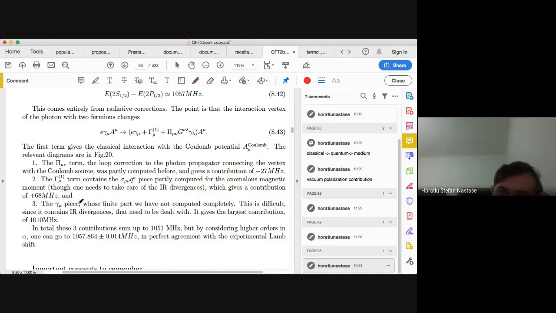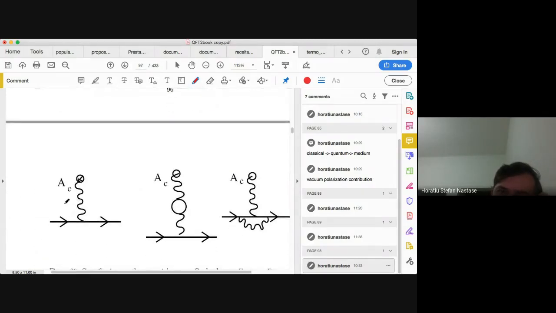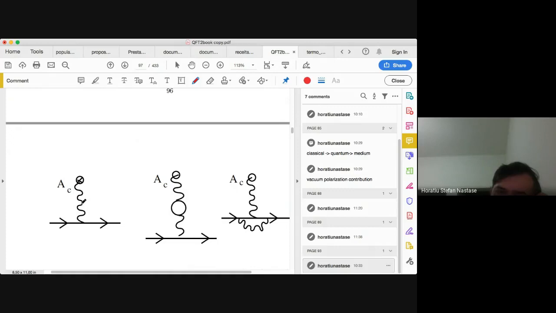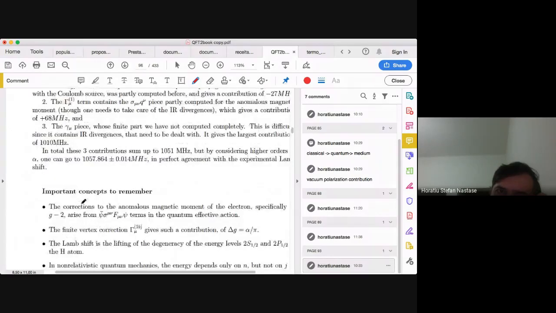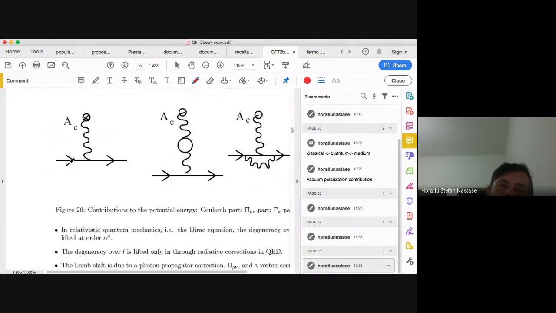And then finally, we have this contribution with gamma mu with the classical vertex, so little gamma mu.